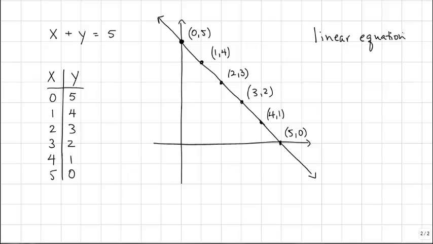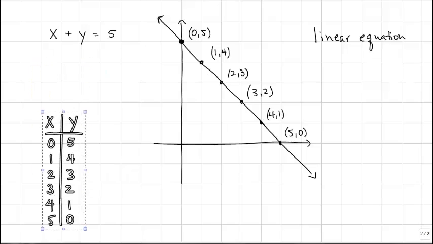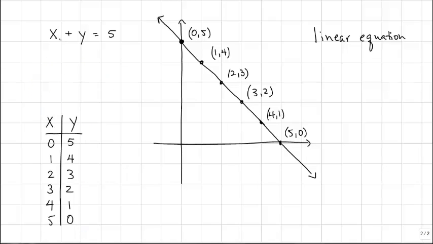Now, there's a lot of different ways to write linear equations. So we could take this equation, x plus y equals 5, and we could solve it for y. In other words, isolate y on one side of the equation, and the way to do that would be to subtract x from both sides. We could write it as 5 minus x, but more commonly it would be written as -x plus 5.